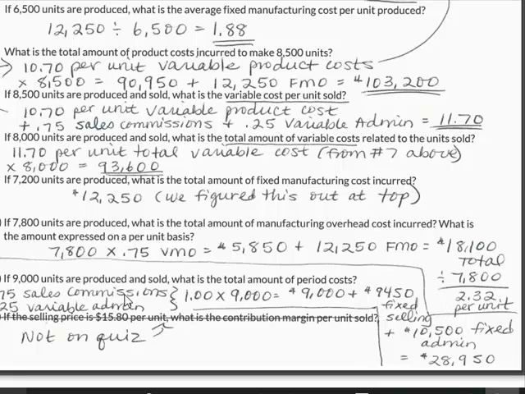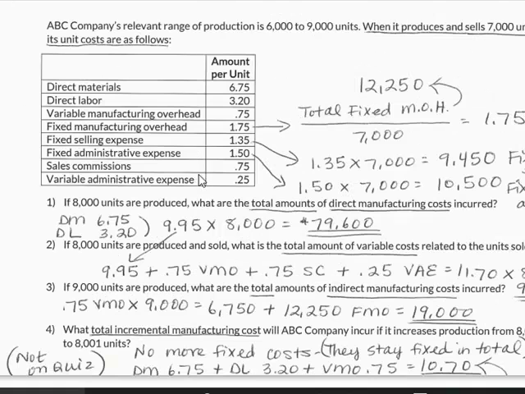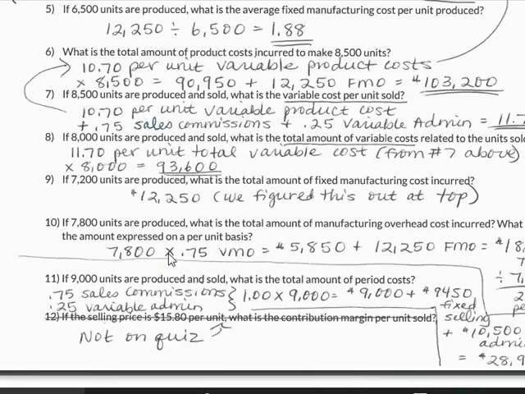And finally, last question, number 11. If 9,000 units are produced and sold, what is the total amount of period costs? Our period costs are the last 4 items in the table of data. Let's start with the variable period costs, the sales commissions, and variable admin expense. Those total $1 per unit.